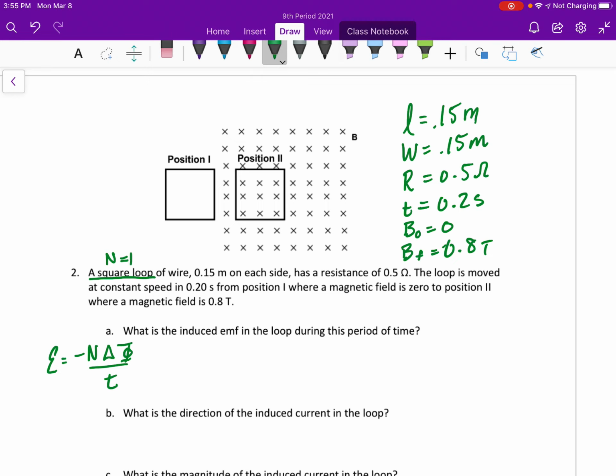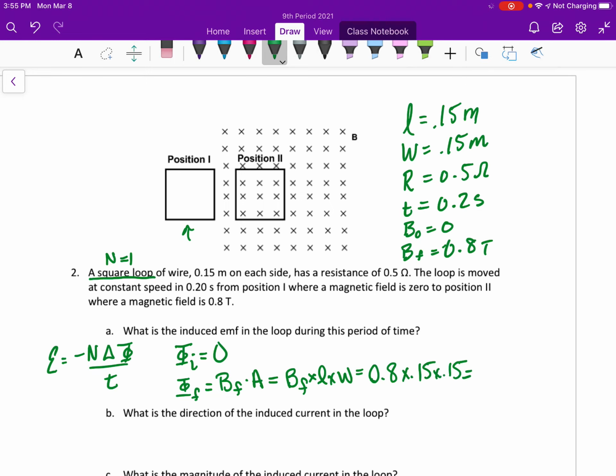So let's figure out our flux. Our flux initial is going to be 0, because it's outside of the field. Our final flux is going to be B final times area, which in this case is length times width. So this is B final times length times width, which is 0.8 times 0.15 times 0.15.